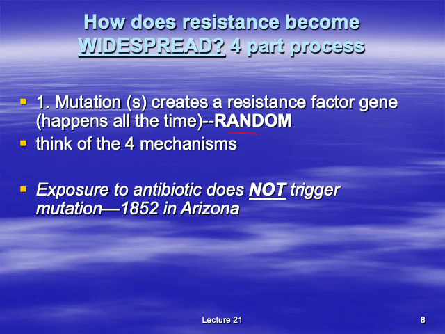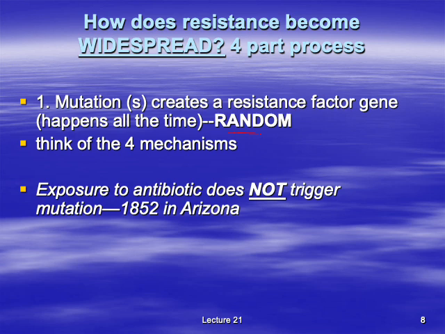For instance, if you went back to Arizona in a time machine to 1852, would you find a bacterium that's resistant to the antibiotic daptomycin? That's something that came up about 10 years ago. It's a fairly new antibiotic. But if you went back in time to 1852 and looked, could you find one that's resistant to daptomycin?